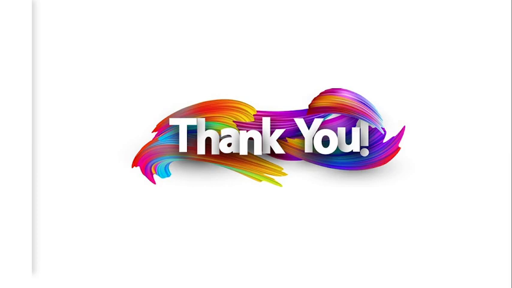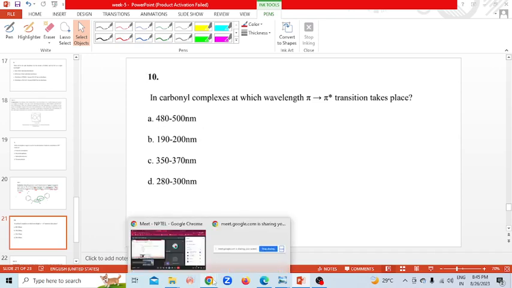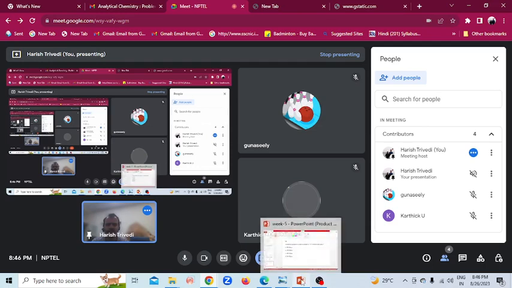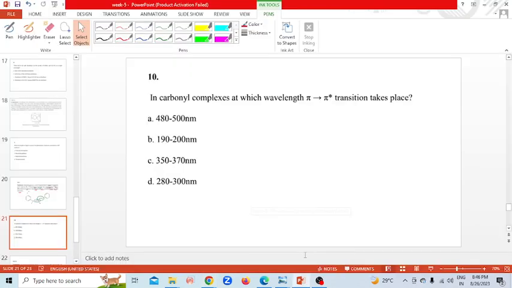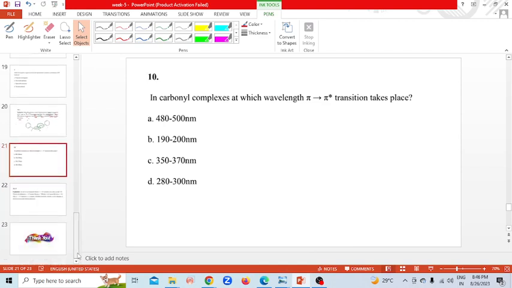So this is the question answer and assignment 5. Now, if you have any doubt or question, you can ask. Guna Sali and Karthik, do you have any doubt regarding this week? You can unmute, or you can write in the chat box if any doubt is there.